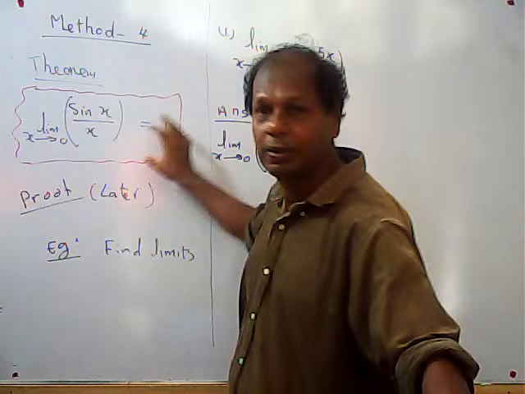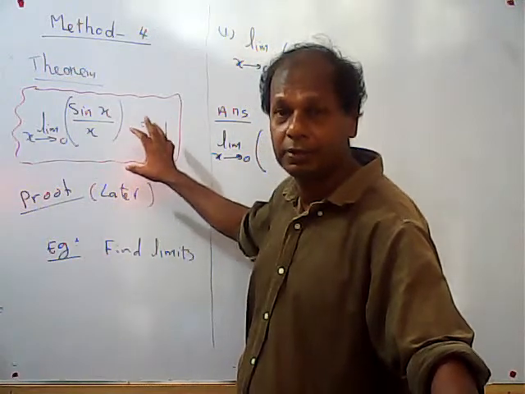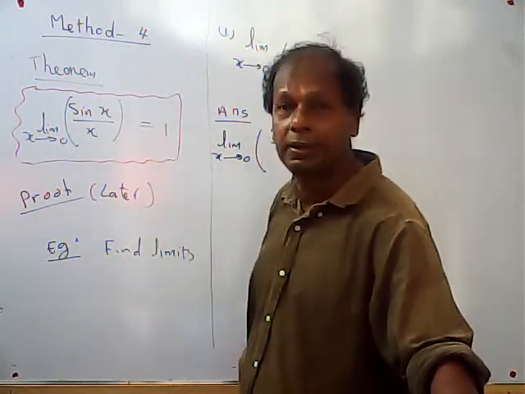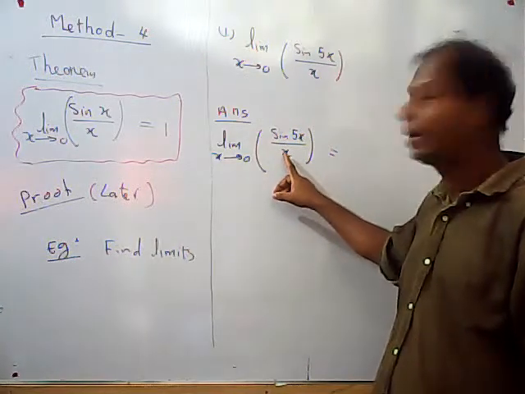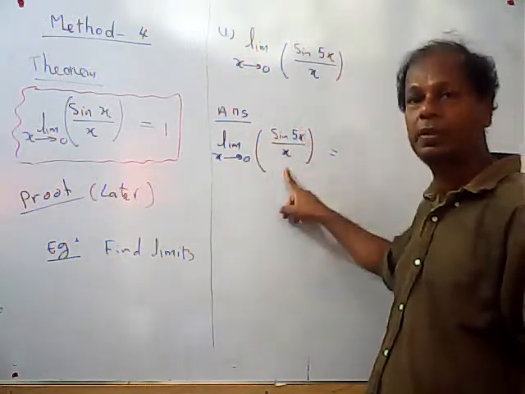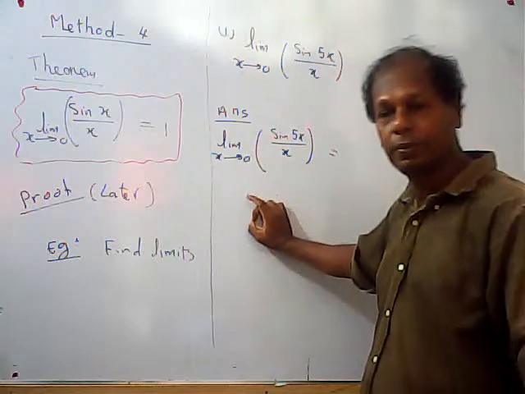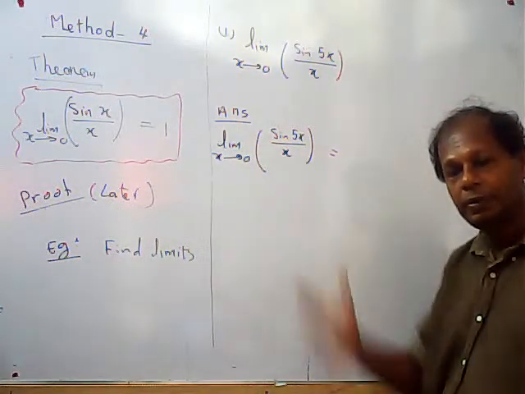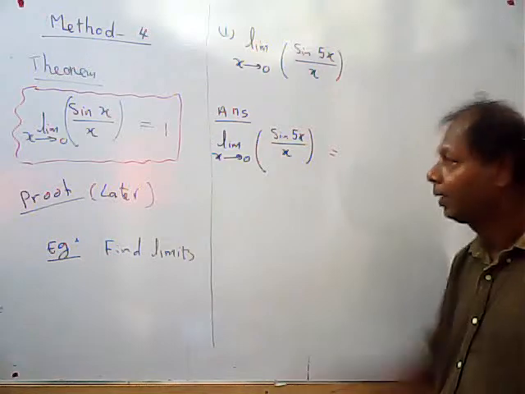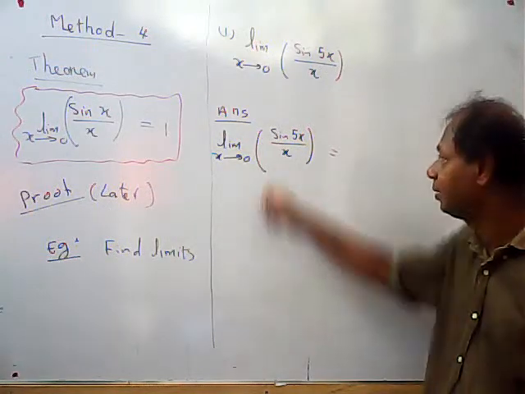The limit is equal to 1. That is given in the theorem. Now, in this example, you have to find the limit of sin 5x over x as x goes to 0. We have to apply that theorem.